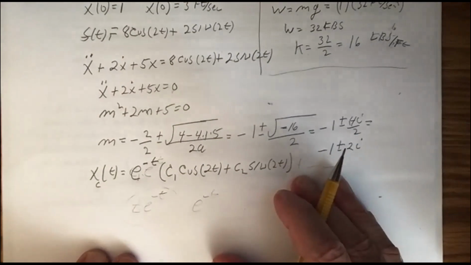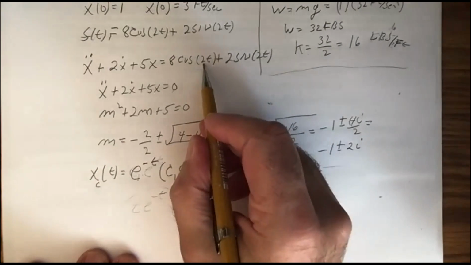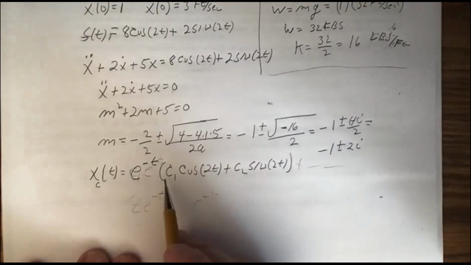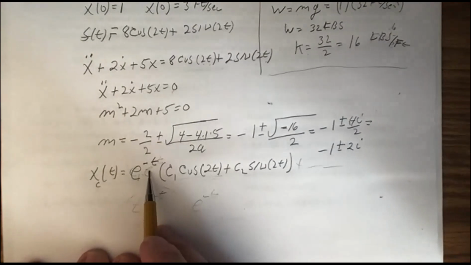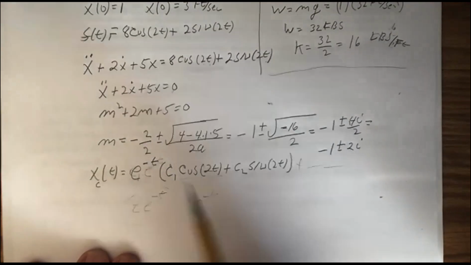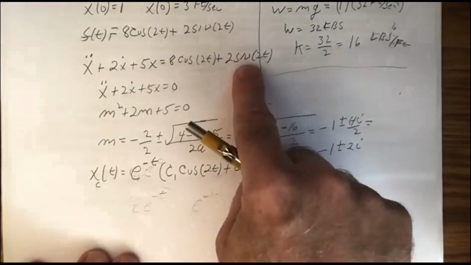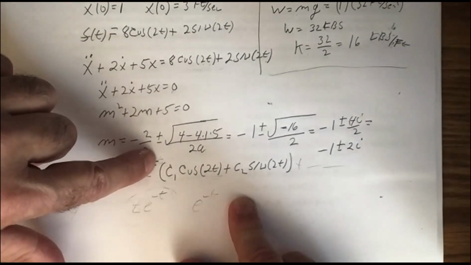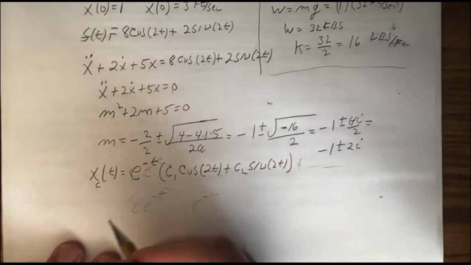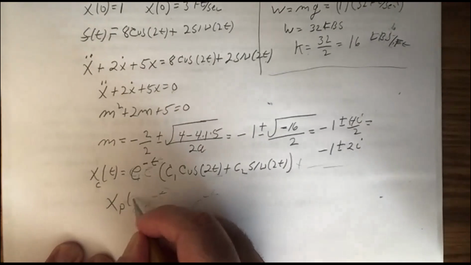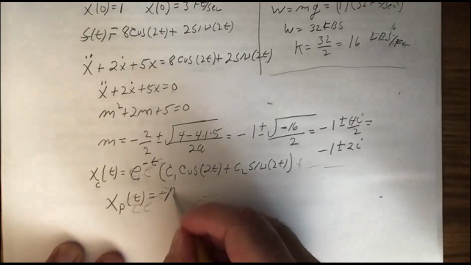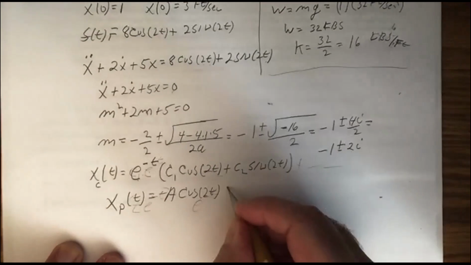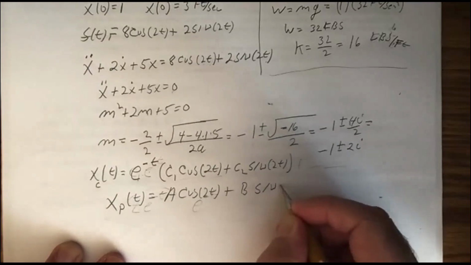All right, so now notice here I have a 2t, and here I have a 2t, and here I have a 2t. But this whole thing here is multiplied by e to the minus t, right? So this is linearly independent from this. In other words, if I didn't have this e to the minus t here, I couldn't assume a particular solution looks like this: a cosine of 2t plus b sine of 2t.